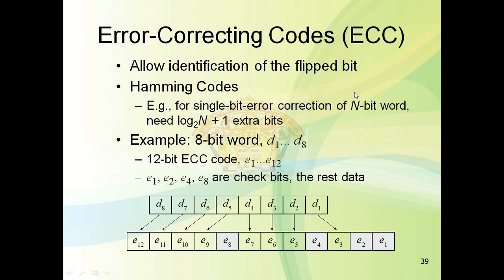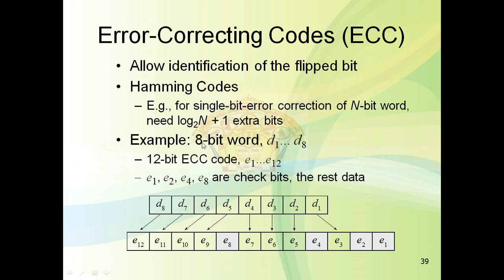Into this n bit word we need to add parity bits, or check bits. Then how do we calculate how many check bits there will be? For an n bit data word, we need to add log n to the base 2 plus 1 check bits.